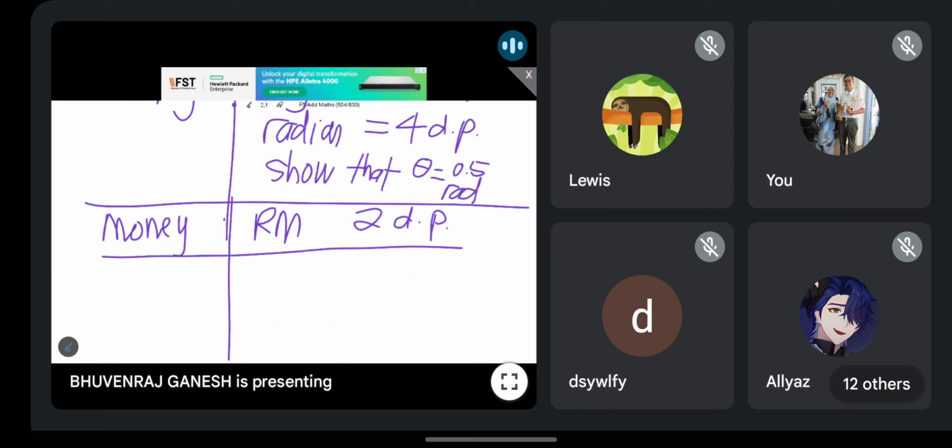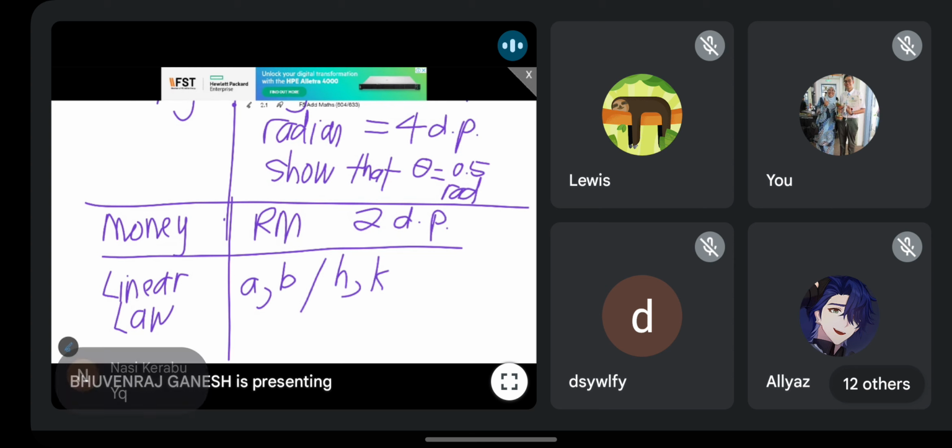Okay, what else? Let me think. Okay, linear law. Guys, bab hukum linear. Mereka selalu akan suruh cari constant macam ni: A, B, H, K. Am I right? Bab hukum linear, kamu lukis graph, then you determine the constant. Tentukan pemala, kecerunan ke, y-intercept ke. So how many dp?